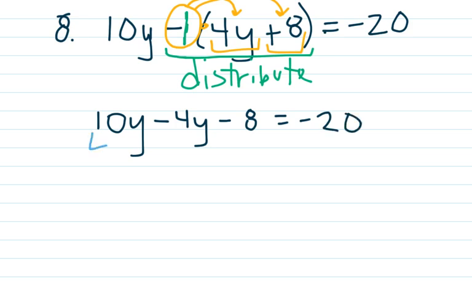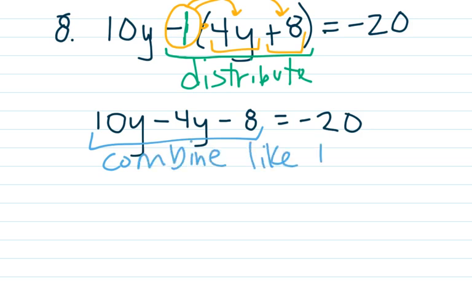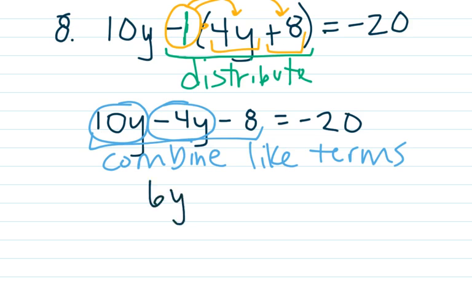After we see if there's distribution, then we see if we can combine like terms. So we're going to combine 10y and negative 4y and end up with just 6y, which is a little bit easier to look at. Once we combine all the like terms, we get back to one of these two-step solving problems.